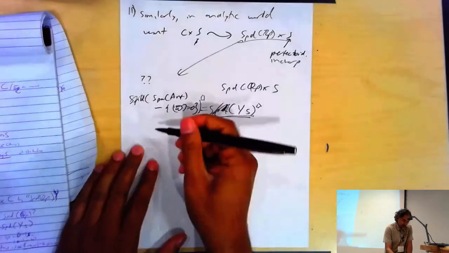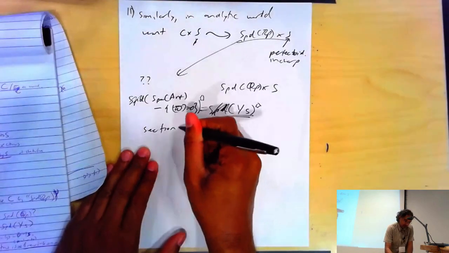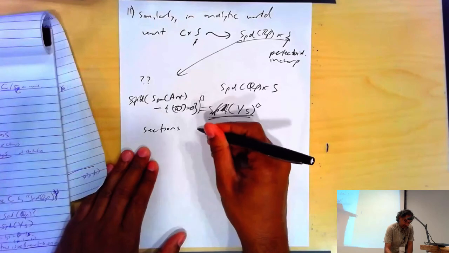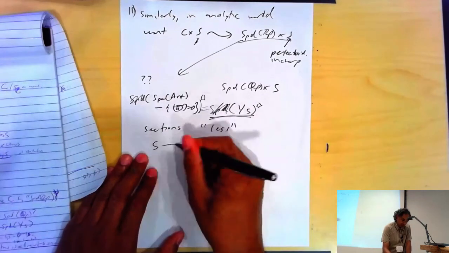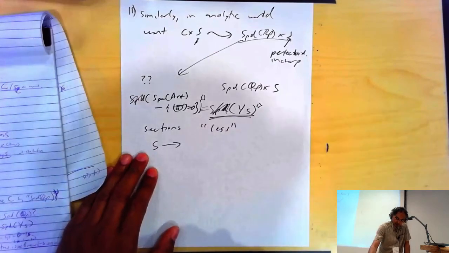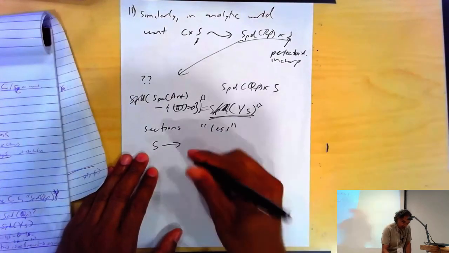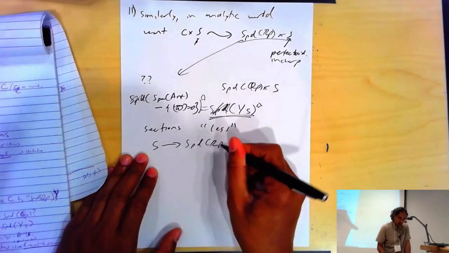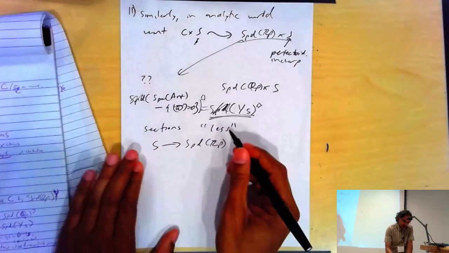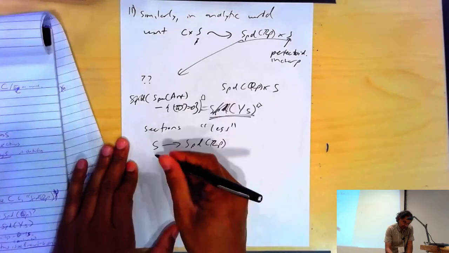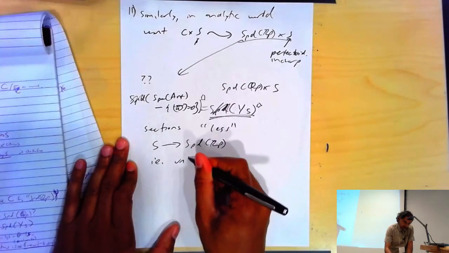But let me just end by saying that the sections, the legs, correspond to maps from S to C. Here, they correspond to maps like this, as the whole point of what Jared set up last time is that these are untilts.